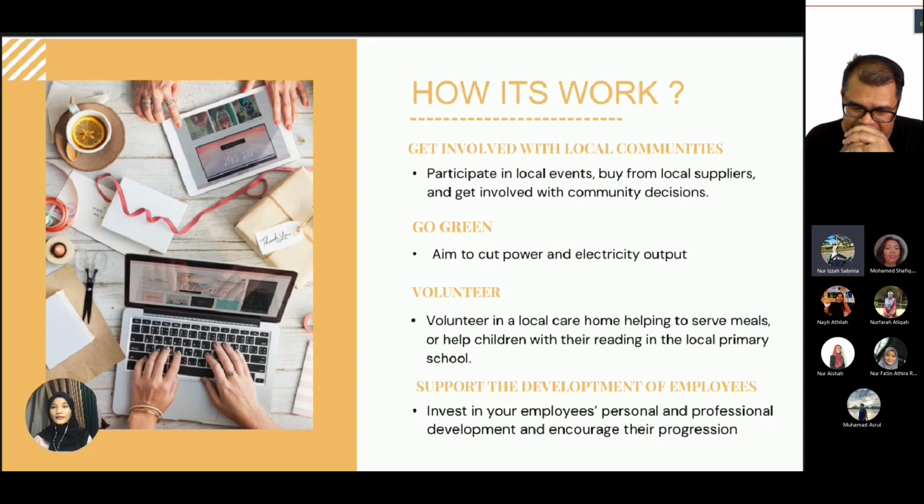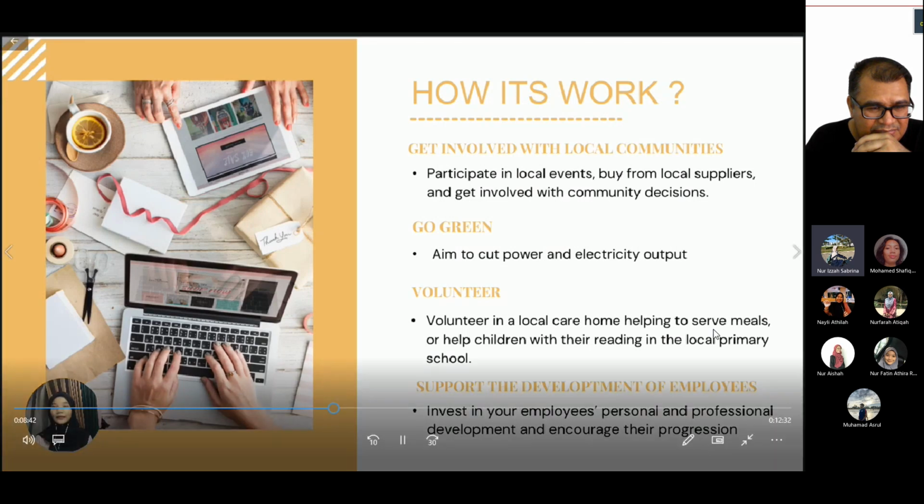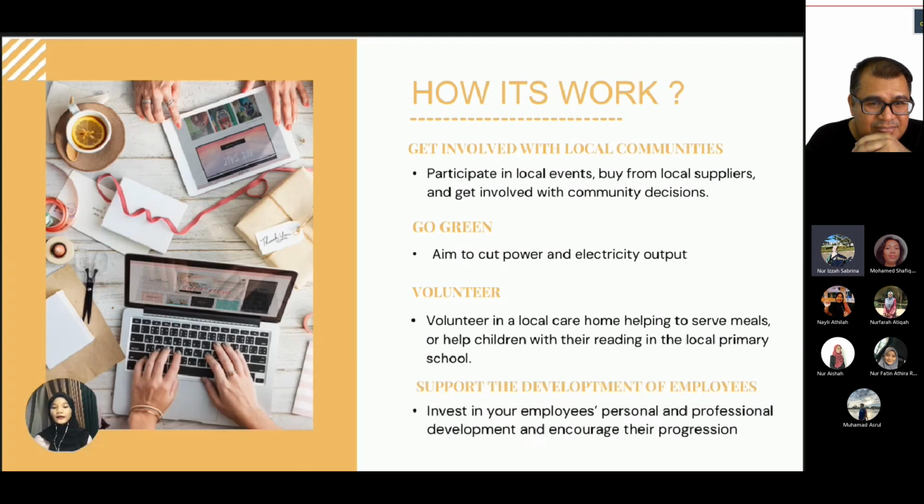Last but not least, unplug any electrical appliances when you are not using them. So maknanya macam mana satu bisnes ni dia nak selamatkan environment, dia kena menjimatkan lagi elektrik lah.